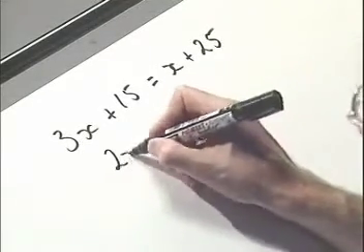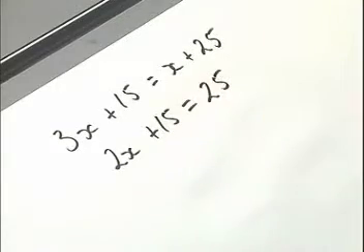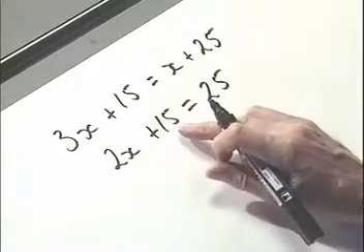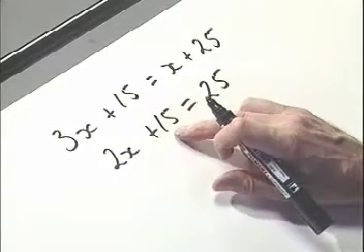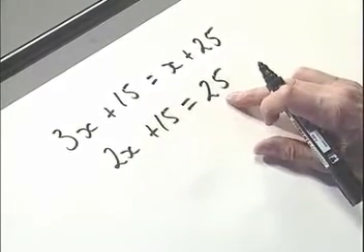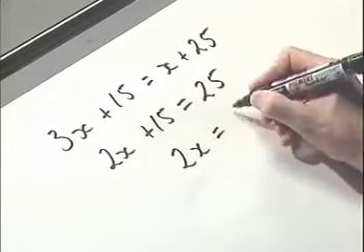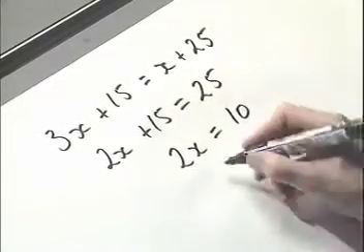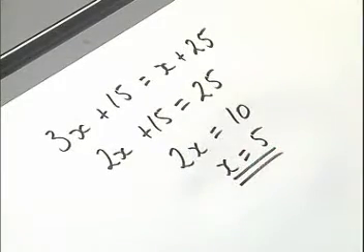That will give us 2x plus 15 is equal to 25. And now we need to get the numbers together, so we can see that if we take 15 away from that side and 15 away from that side, we'll have no numbers left, just a 2x. And taking 15 away, that gives us 10. And of course, that means x must be equal to 5.